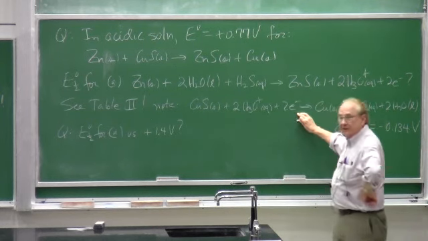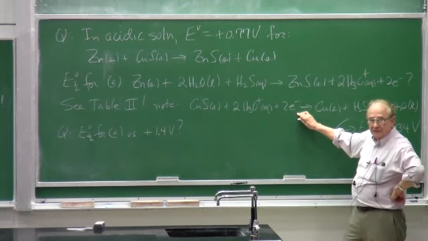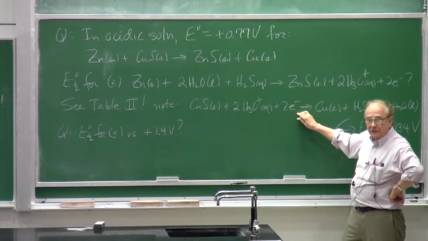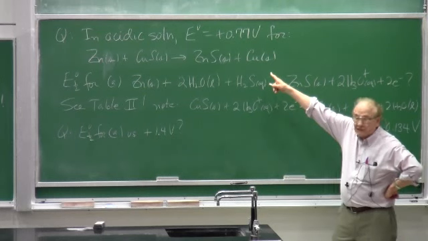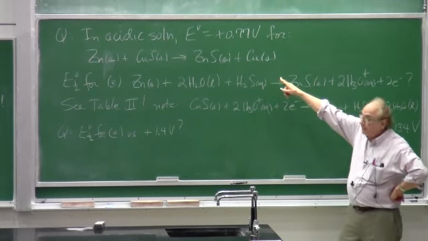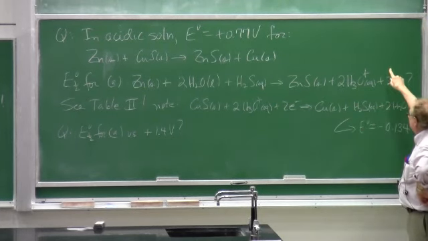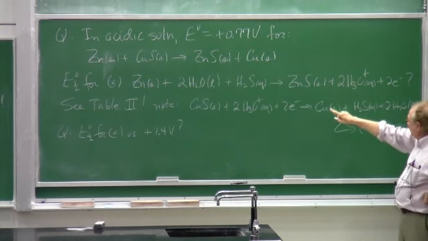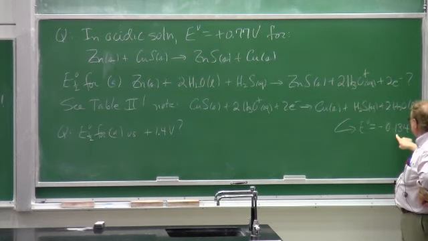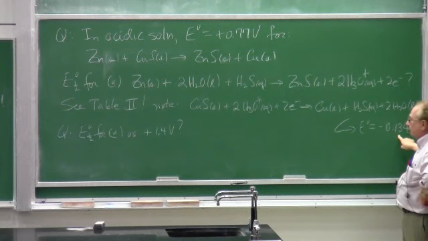And if I add these two together, in a common electrolytic solution system, hydronium ions cancel, H2S cancels, that's what I get, don't I? So, adding these together, E0 plus 0.77 volts, and for this is written, E0 is minus 0.134 volts.